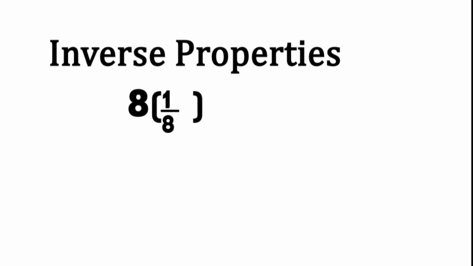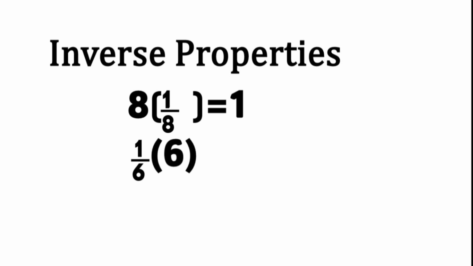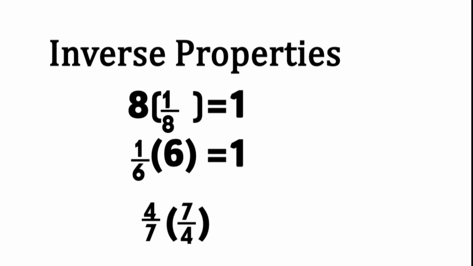This is equal to 1. We have here 1 over 6 times 6 is equal to 1. We have here 4 over 7 times 7 over 4. The result is 1.